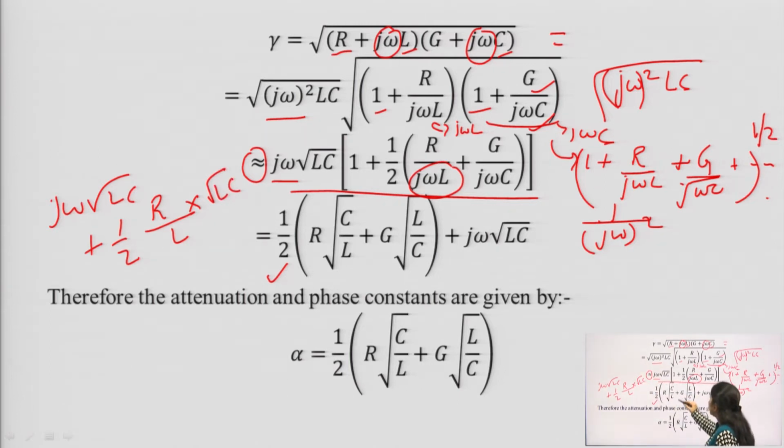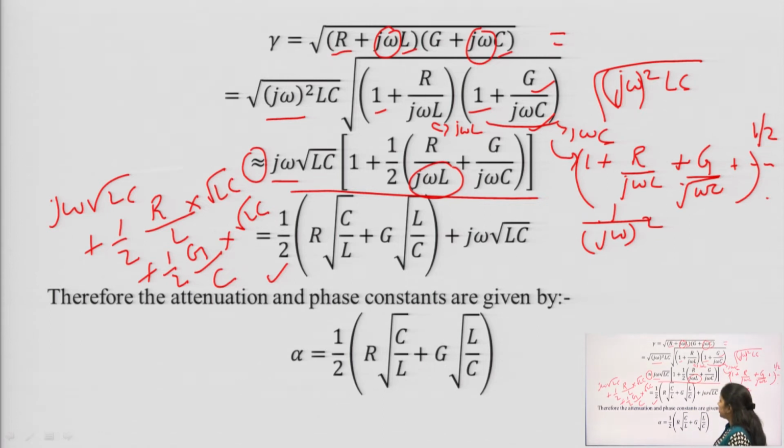Similarly, when we multiply the next expression, half G upon j omega, j omega gets cancelled, G by C, and it is multiplied with under root L C also.